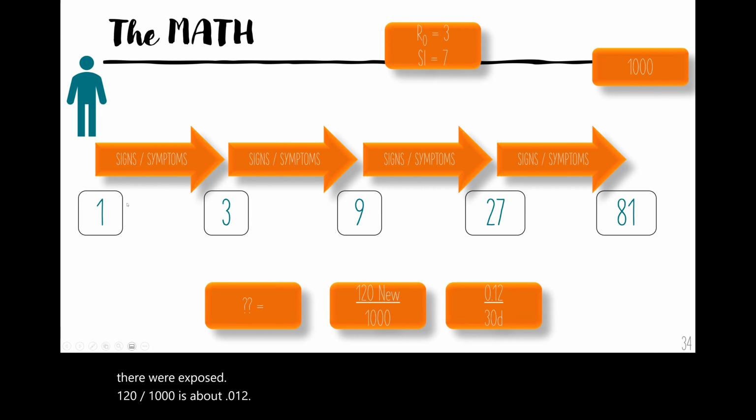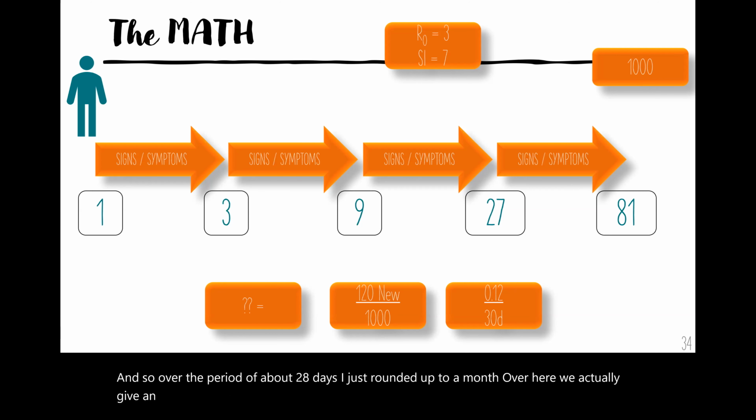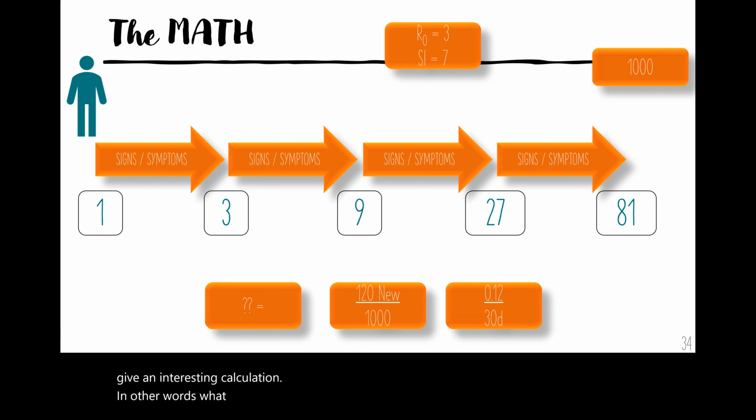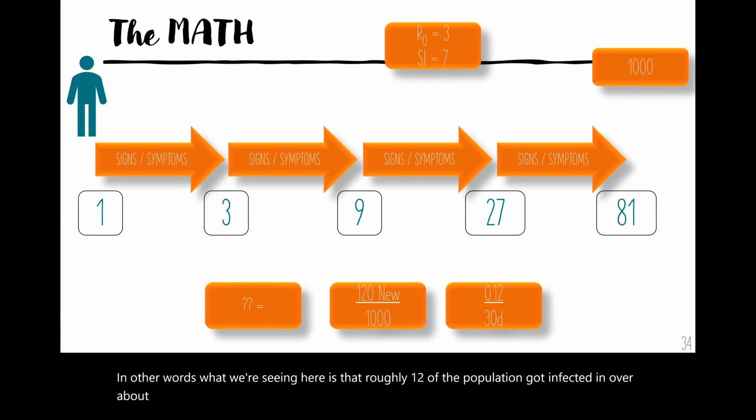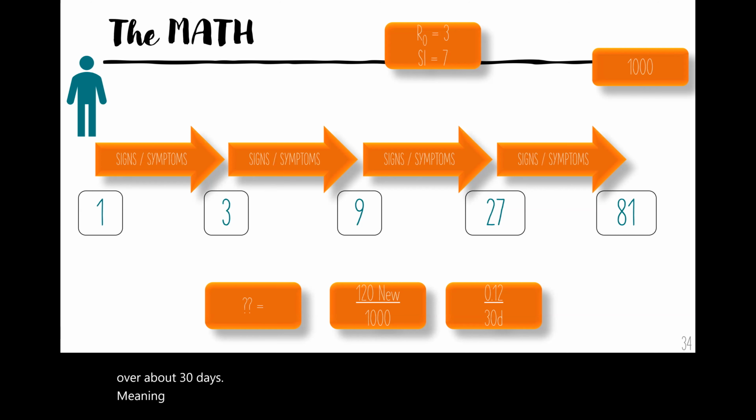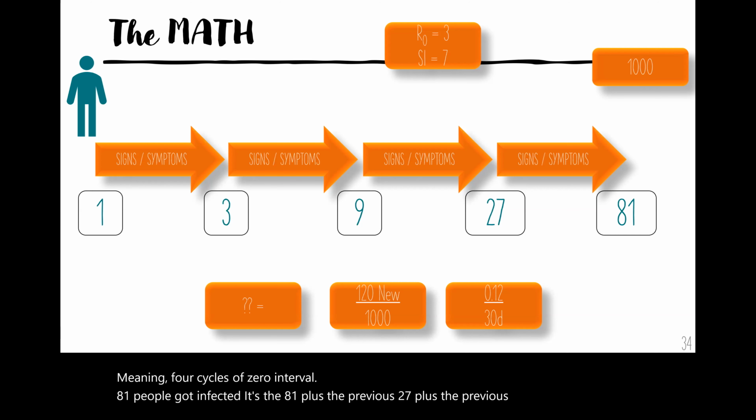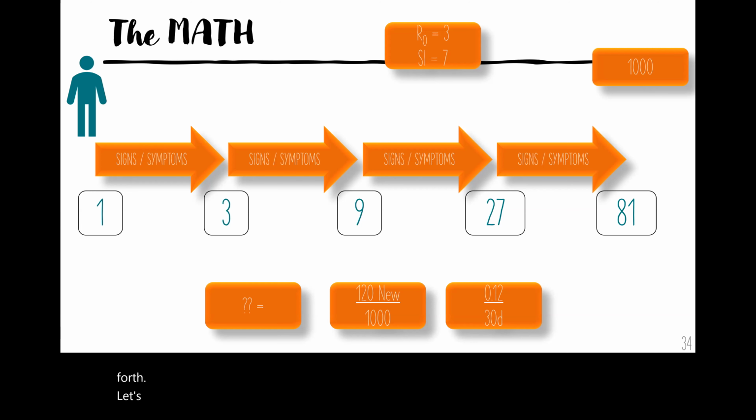Over about 28 days, which I rounded up to a month, roughly 12% of the population got infected in about 30 days, meaning 4 cycles of the serial interval. It's not just 81 people who got infected, it's the 81 plus the previous 27 plus the previous 9, and so on. And that's assuming we're only looking at the R naught.